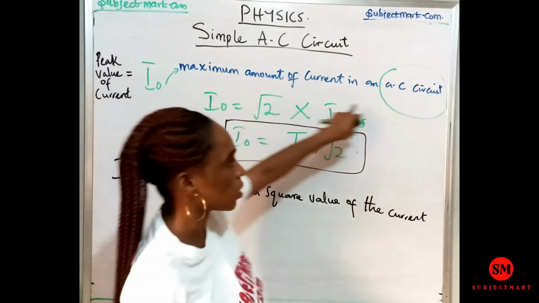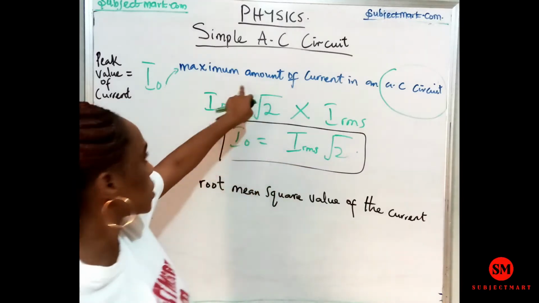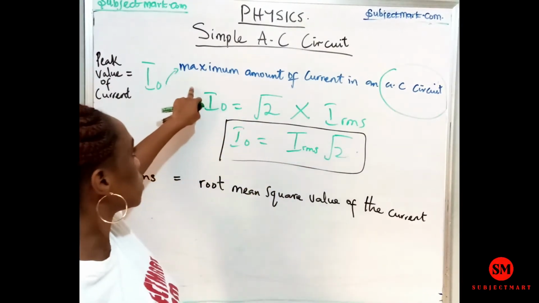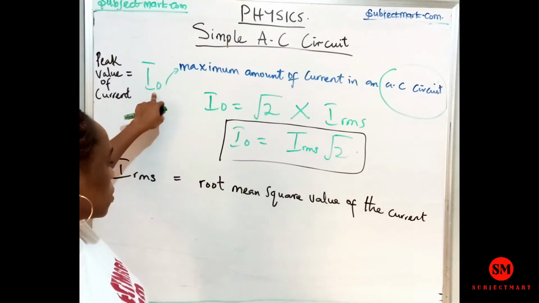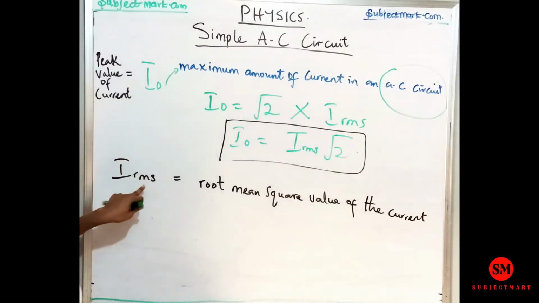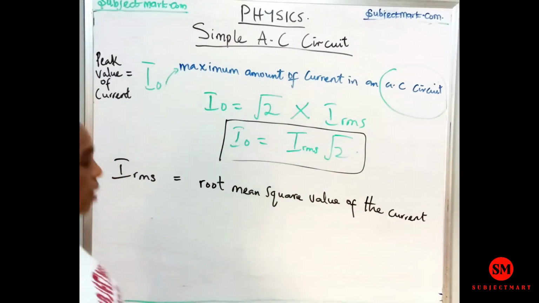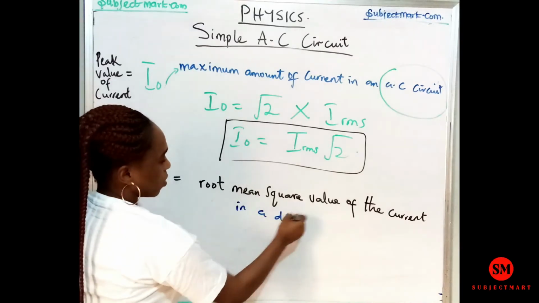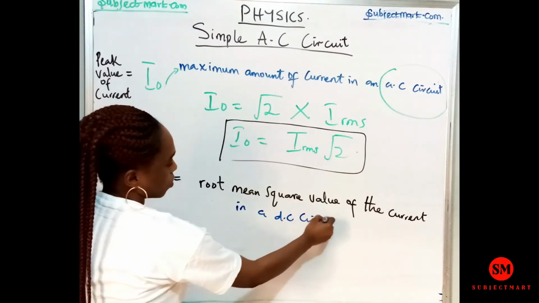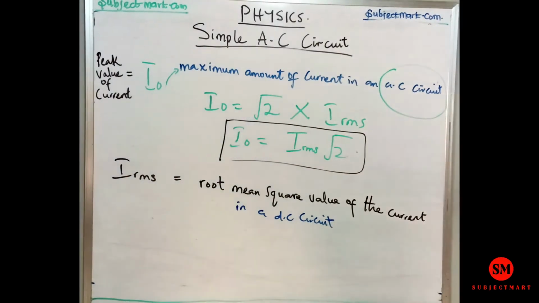So Irms deals with direct current circuit, while I naught, which is the peak value of current, deals with alternating current circuit. The same effect that will be produced by the I naught is equal to Irms, but in a DC circuit, in a direct current circuit.